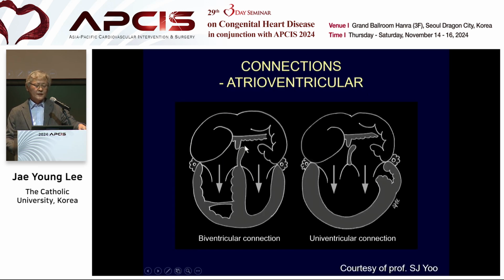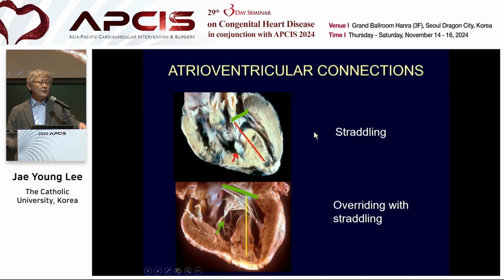And AV connection. There are two types of AV connections, biventricular and univentricular. Biventricular means each atrium, irrespective of right or left, joins to each ventricle, but in case two atriums join to one ventricle, this is univentricular AV connection by definition. Okay? In some patients, the AV valve can be overriding and straddling. Straddling means chordae tendineae attached to the other side of the chamber. This is straddling.